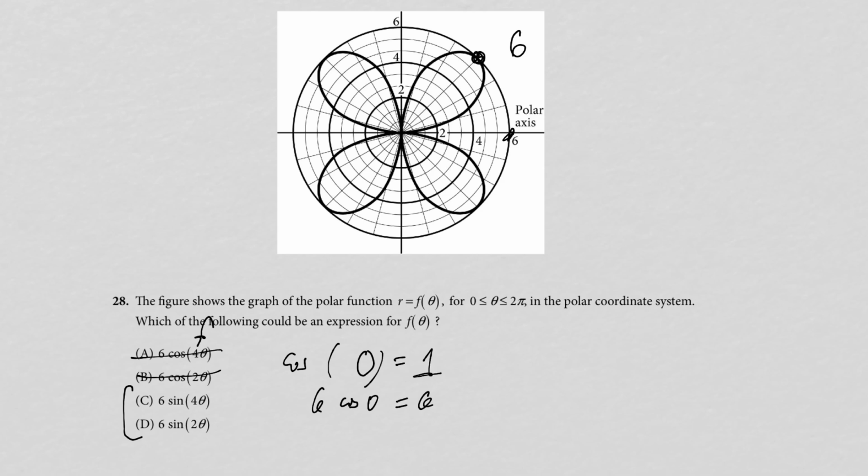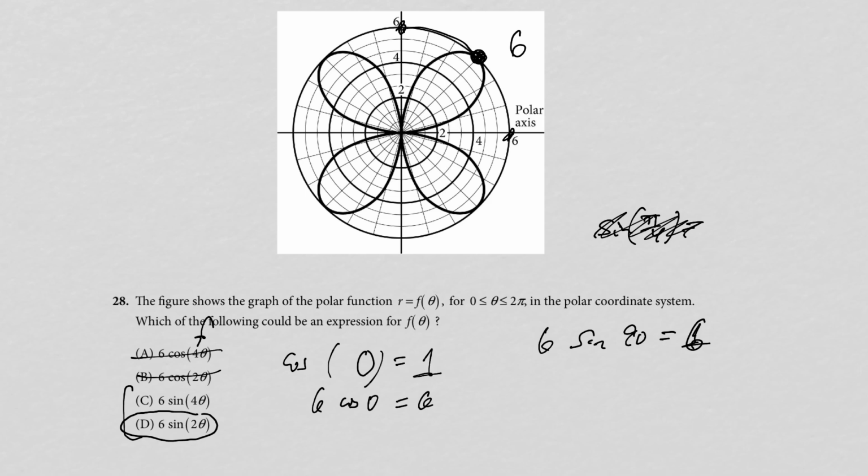That point's at 6. In general, sine of 90 is equal to 1, and 6 sine of 90 is equal to 6. But this 6 is occurring at 45 degrees, or pi over 4, which means I'm going to have to put a 2 here in order to move that point from there to there.